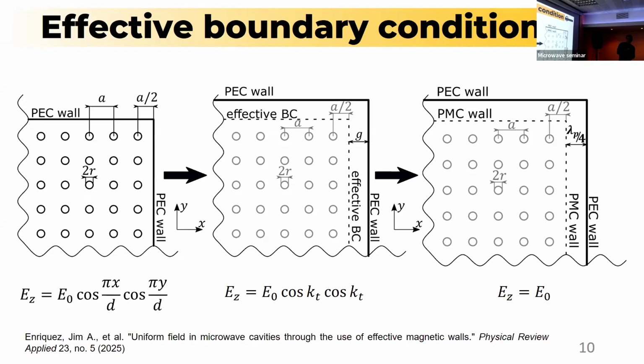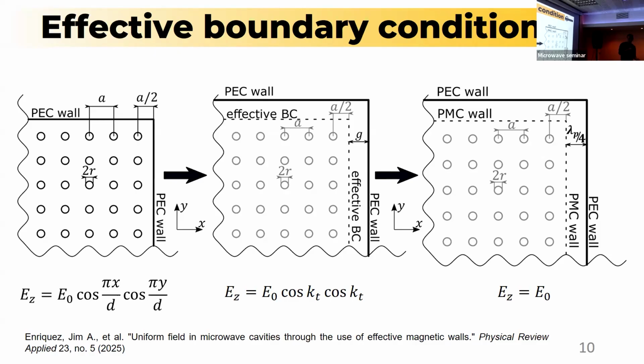Then, if we start to include, in addition to the wire media, an air gap region, this air gap region will start to change our transversal component of the wave vector. So when this transversal component of the wave vector starts to decrease, we start to increase the field homogeneity. Particularly when this transversal component of the wave vector becomes 0, our field will become completely uniform in the wire media region. And this condition is achieved when the air gap region is equal to lambda over 4.